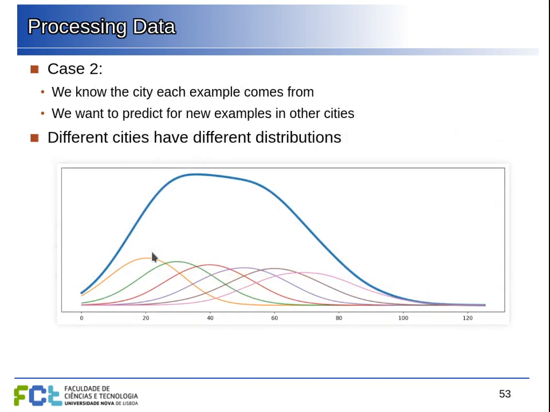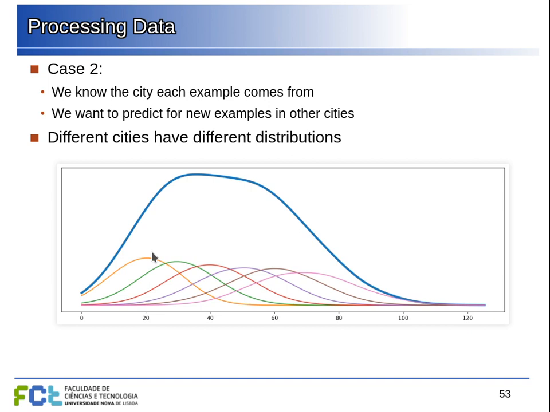But now suppose that we are looking at different cities, and we are using examples from a set of cities, and we want to predict what will happen in other cities. So what we want our hypothesis to do is to give us predictions also about cities that are outside our training data.